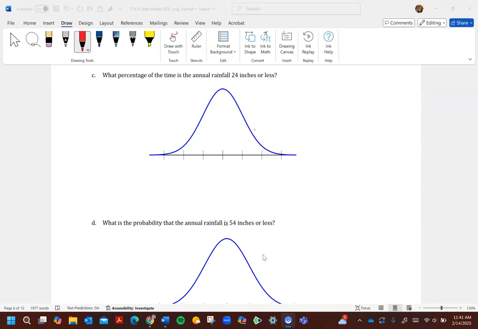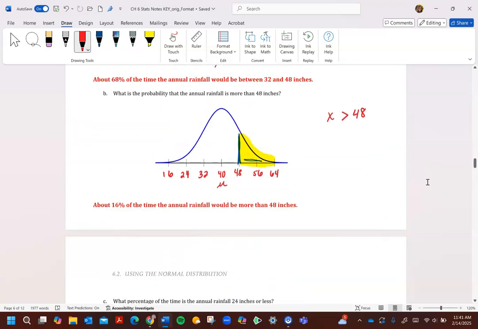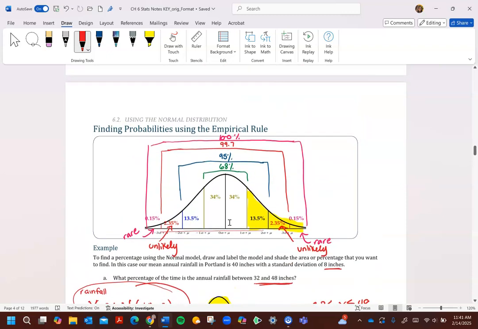So set up your graphs that way to start with, and then pick your cutoff point. Try to write your inequality, and then use the empirical graph to solve that. So hopefully you have that in your notes.